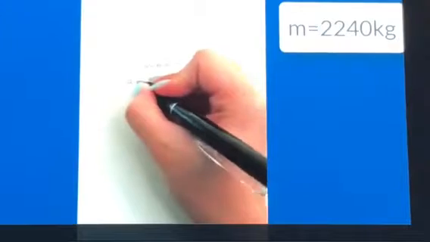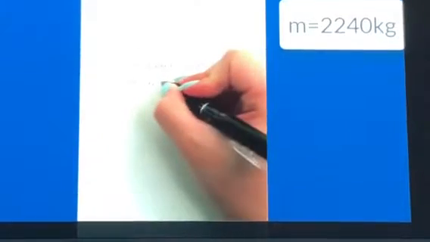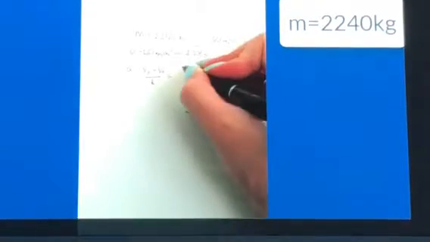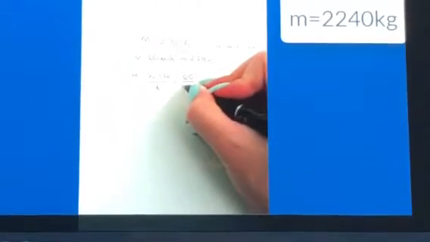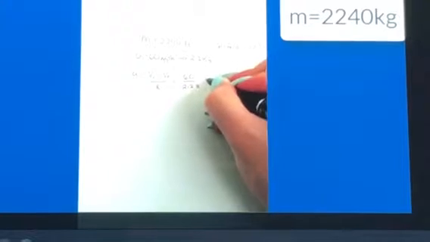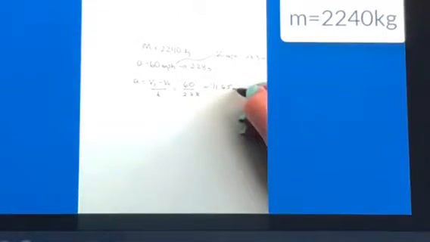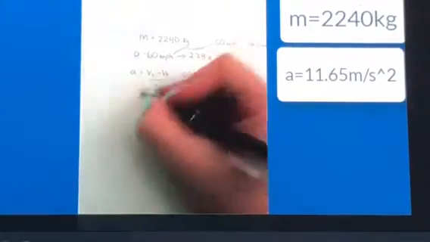We were then able to determine the acceleration that this vehicle would require to have this kind of pickup using the equation v1 minus v0 over t. This gave us about 11.65 meters per second squared when you factor in the conversion from miles per hour to meters per second.